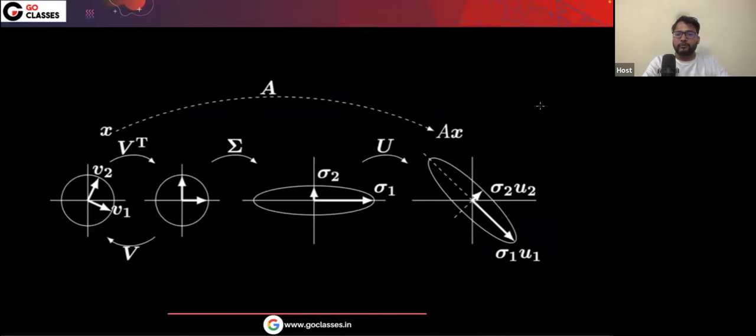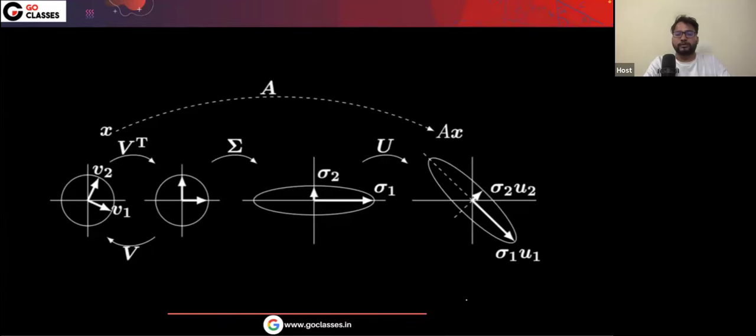So basically, if you have x, then this A is doing it in three parts. First it is converting to the basis of V, then doing the real thing, and then converting again to the standard basis by multiplying with the U. Hope that is understood. Let me know if there is any doubt.